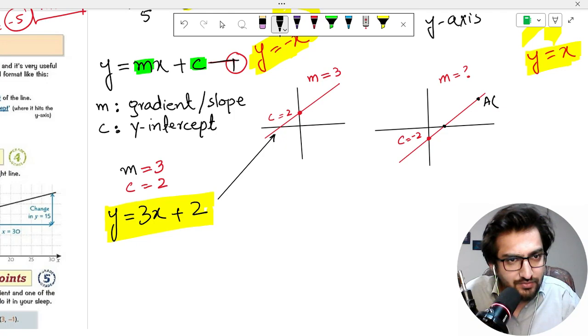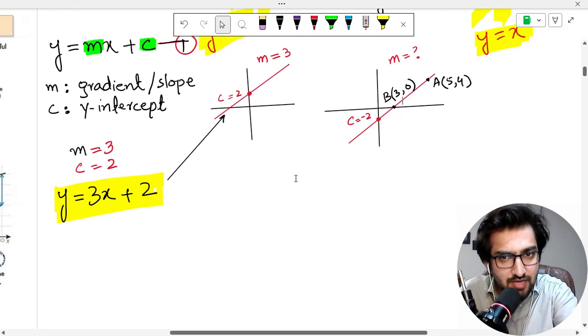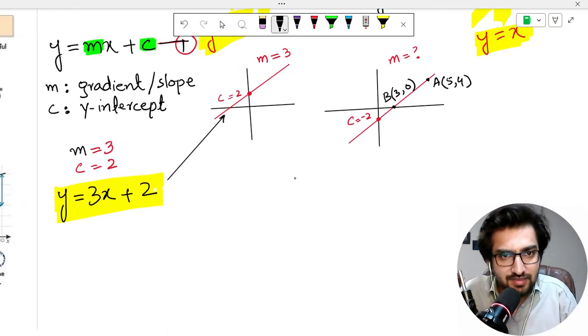Let's say point A is 5, 4 and point B is 3, 0. So 2 points are given and c is given. So we need to find out the gradient first, and after that we will put m and c in equation number 1 in order to find out the equation of the line.